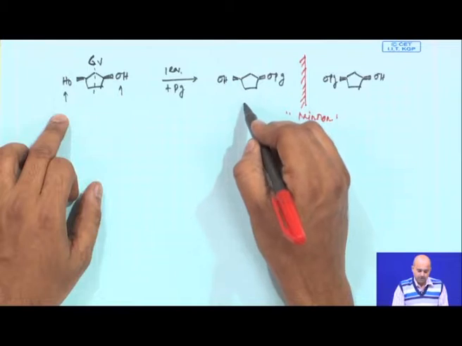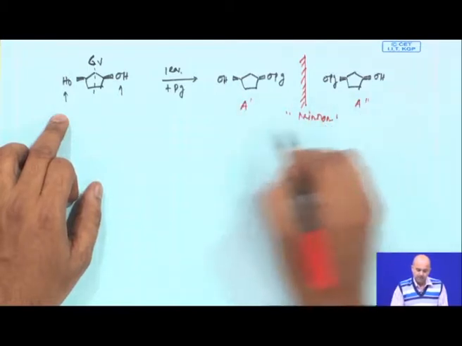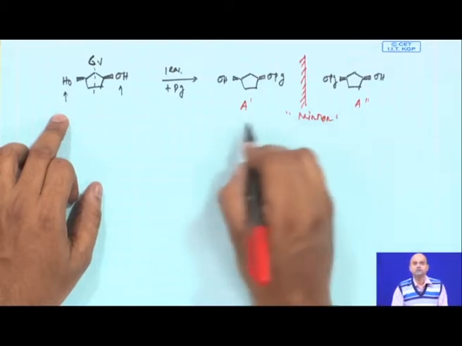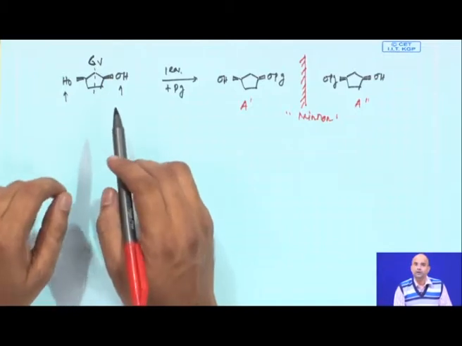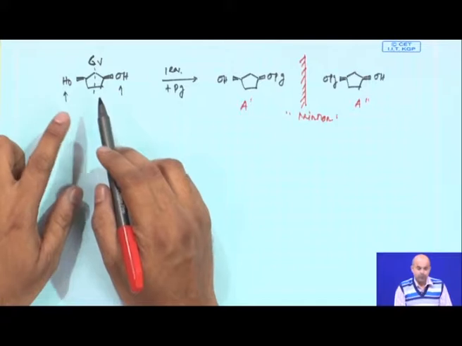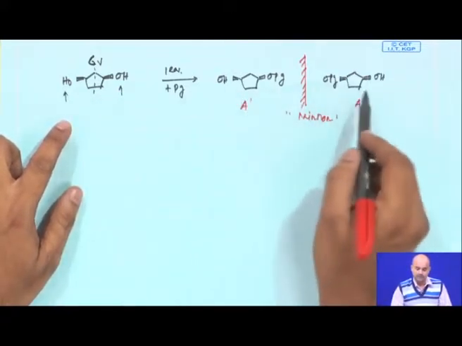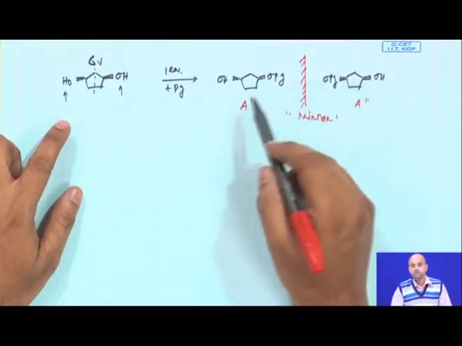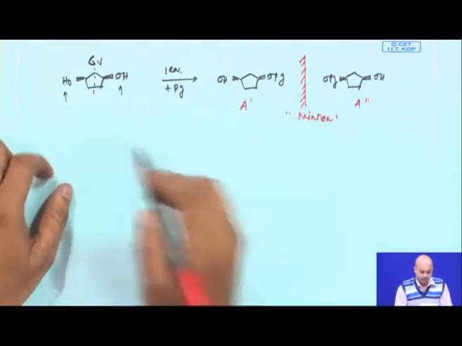So compound A prime and compound A double prime are enantiomers of each other. If you are not careful about these aspects, when you protect this starting material you will end up with 2 enantiomers. So you need to be very careful.